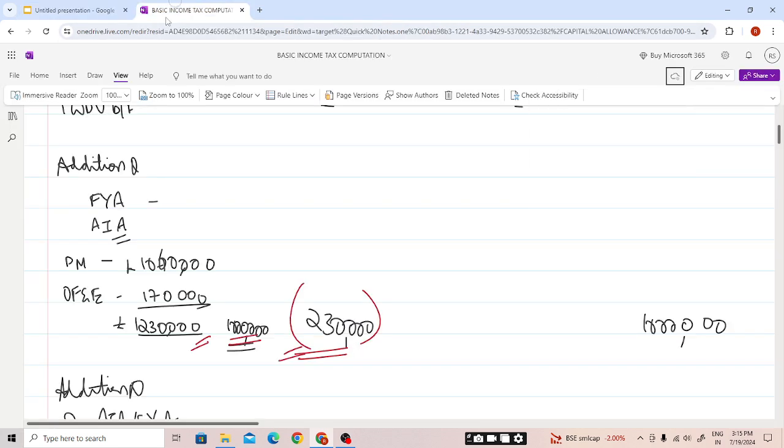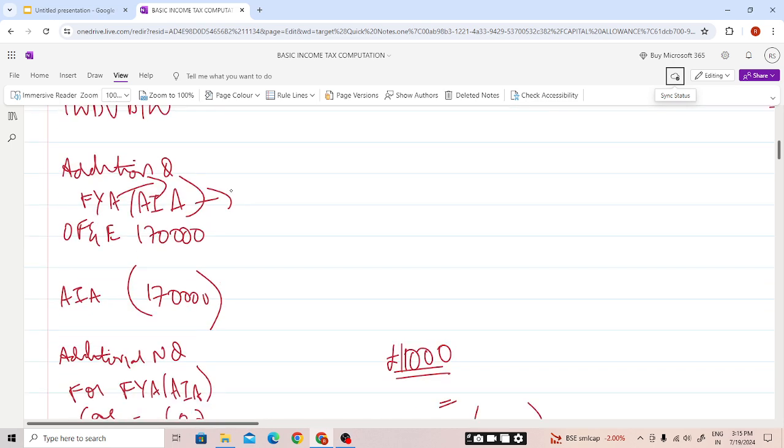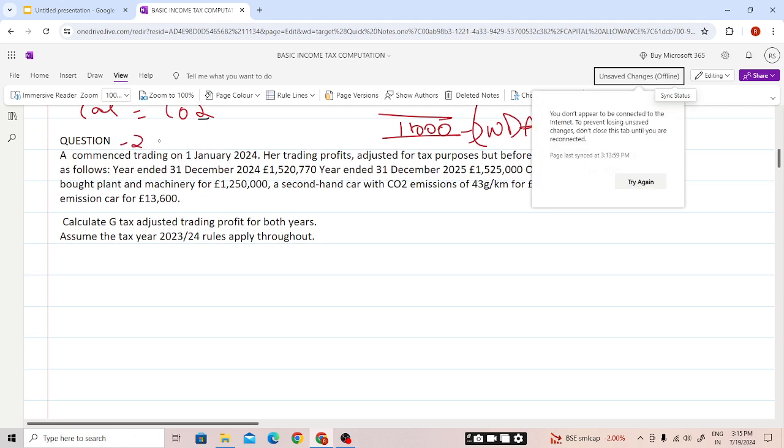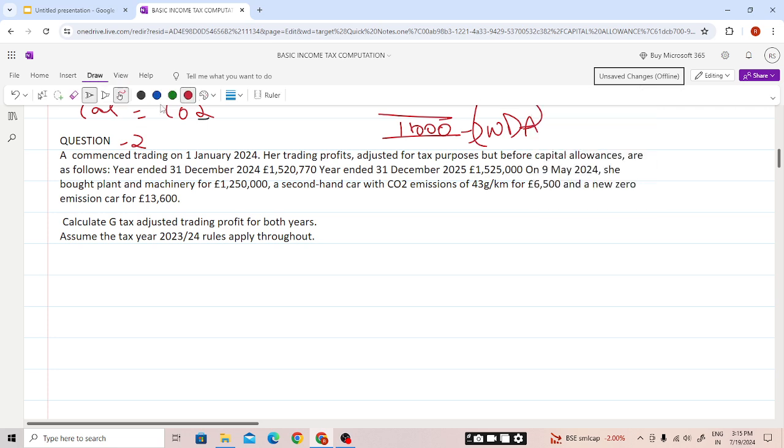Now coming, students, to an example, so that we will be covering the FYA, WDA and AIA. Question number 2. A commenced trading on 1st January 2024.